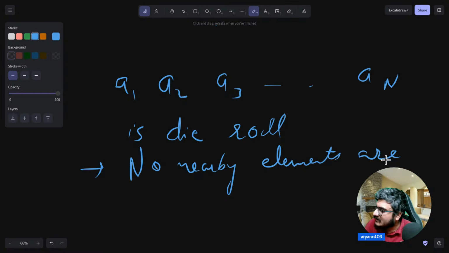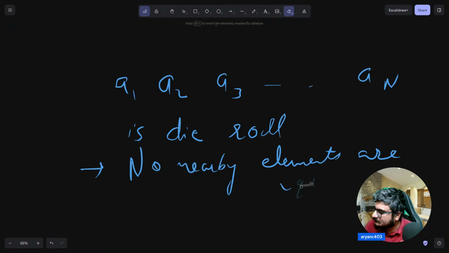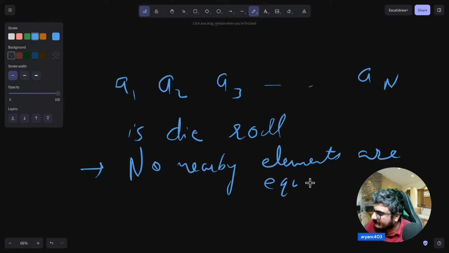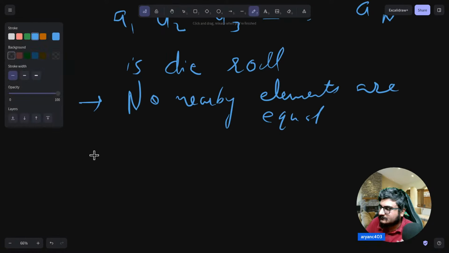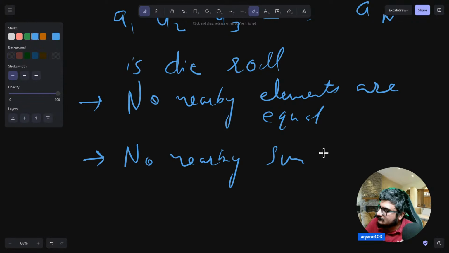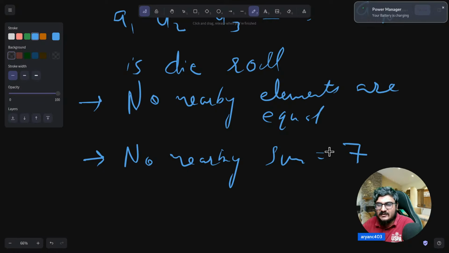That would be the case when you wrote down the number without changing the die again. Or no nearby numbers sum up to 7. This would be the case when you simply turn the die to put the element at the bottom on top. So what you have to do each time is rotate whatever number is at the top to one of the sides and keep doing it.